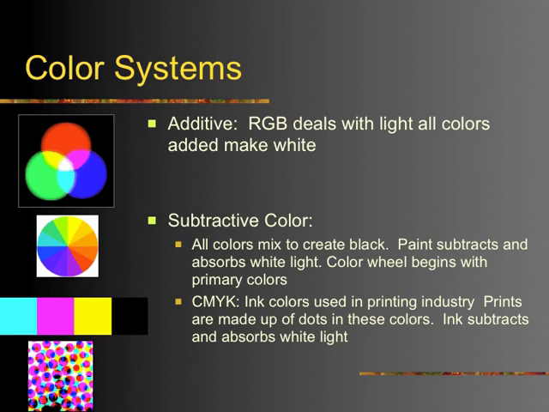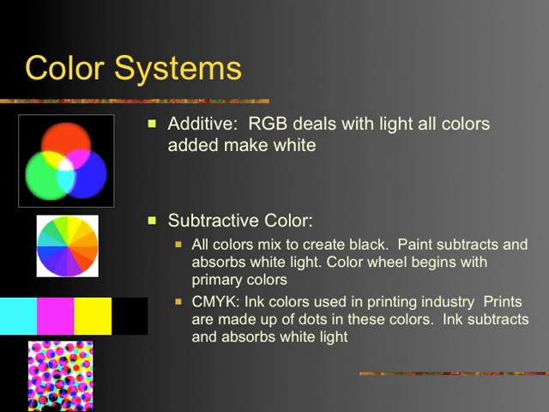Paint and ink are subtractive color systems. The reason they're called subtractive is because you are taking away from the light as you add paint to your canvas or your paper. In the additive system, when you put all the primary colors together, you get white light, whereas in the subtractive system, when you put all the colors together, you get black because you're taking away from the light.